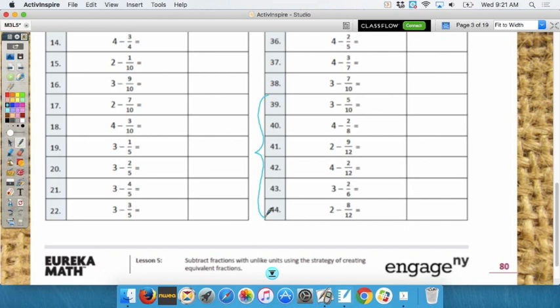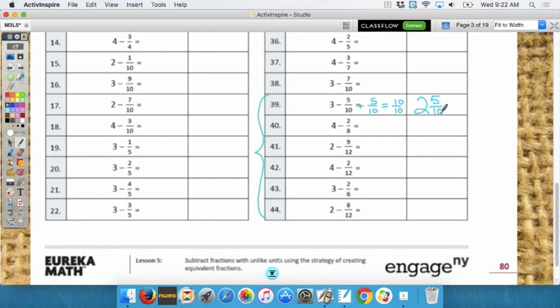So if I start at the whole number 3 and I subtract less than a whole, what's my whole number going to be? 2. Now I've got to think in my head. 5/10 plus something equals 10/10. Plus 5. 5 plus 5 equals 10. Now am I finished?